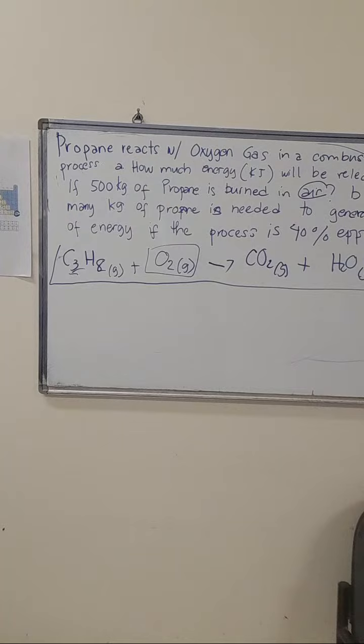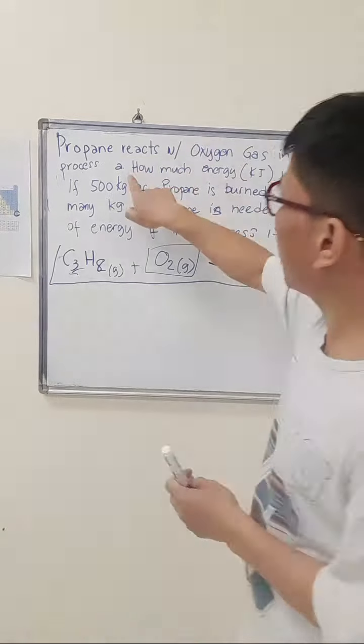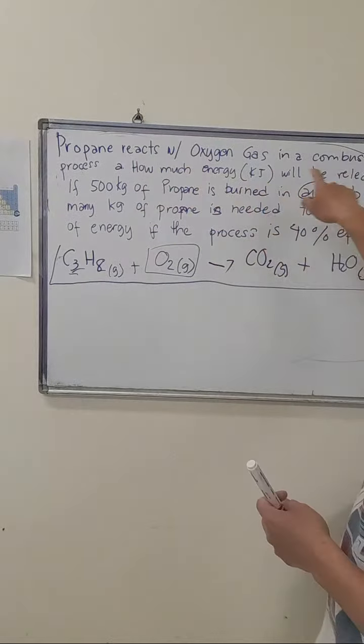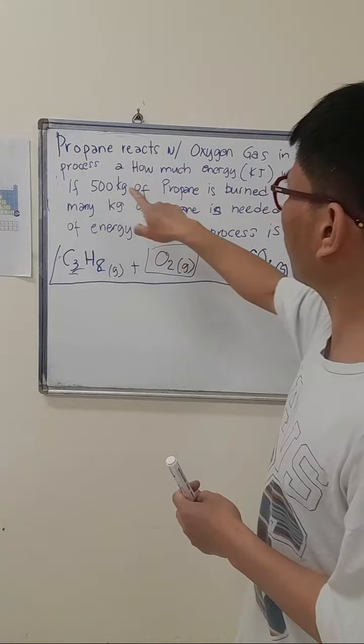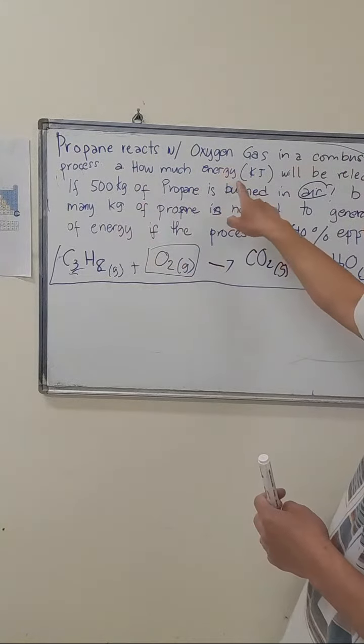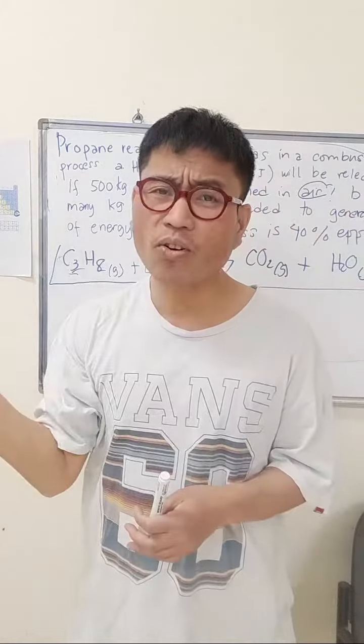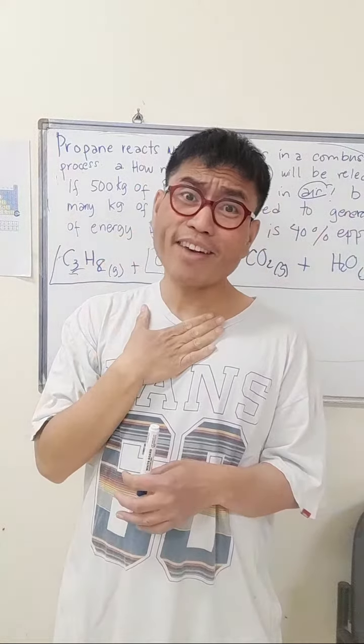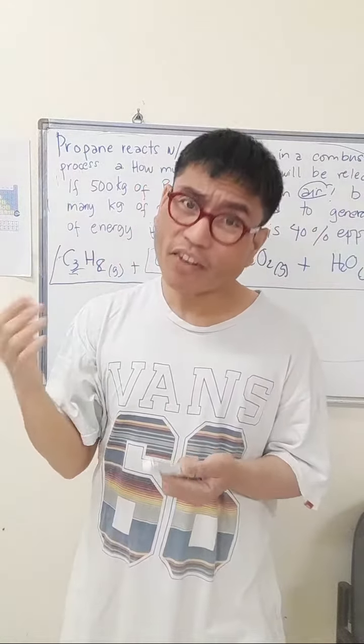So the first is how much energy will be released if 500 kilograms of propane is burned. In fact, it doesn't specify heat also. Questions like this are very, very crazy.